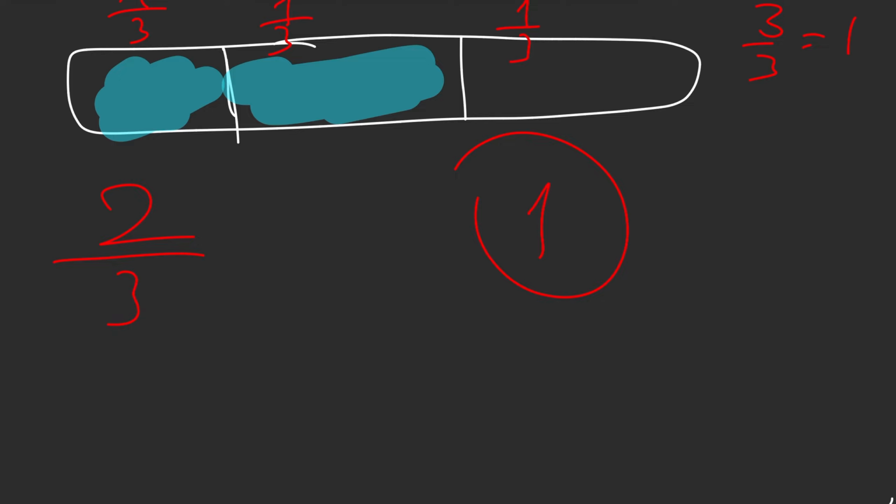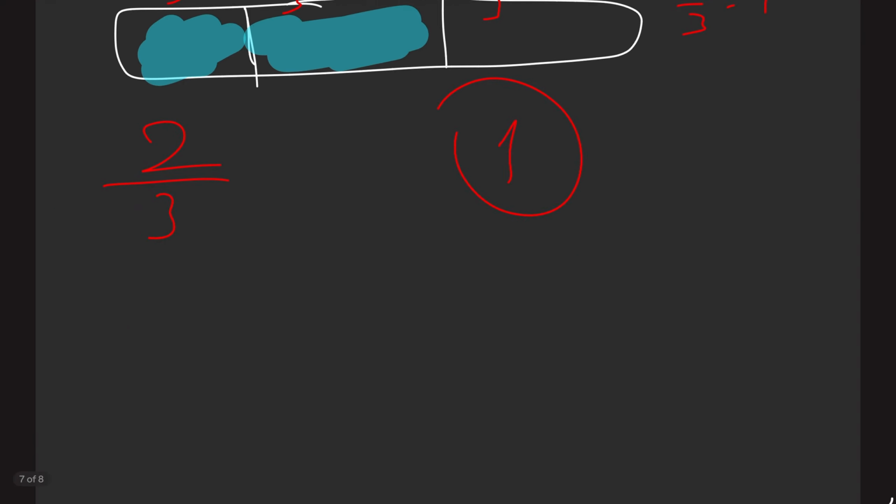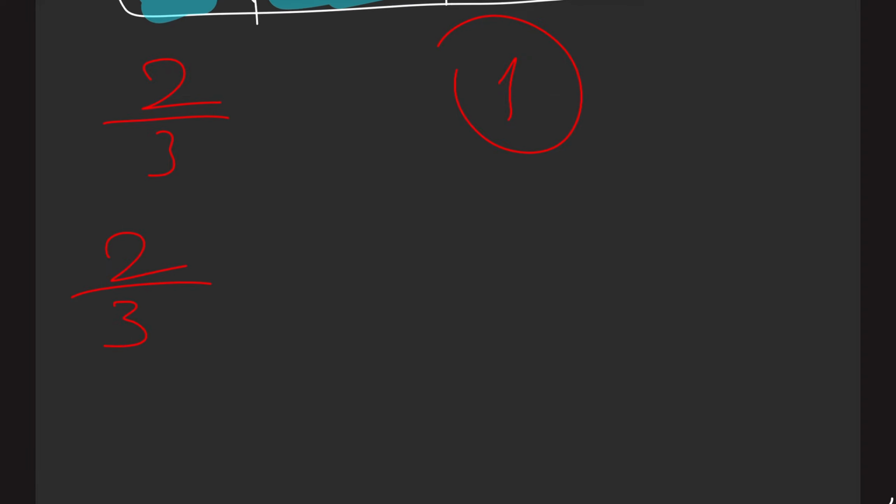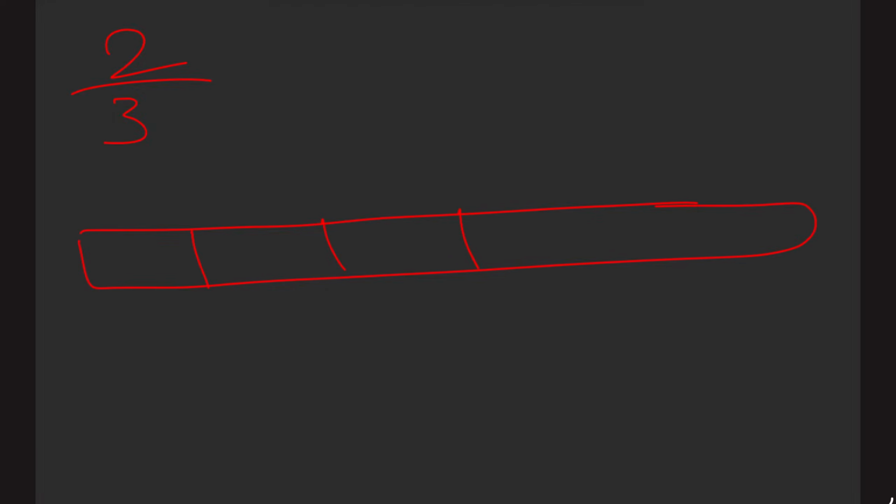Okay, what if it was more than 3 and still you need to shade 2/3 when you have, for example, six. 1, 2, 3, 4, 5, 6. Shade 2/3 of these. What are you gonna do in this case?